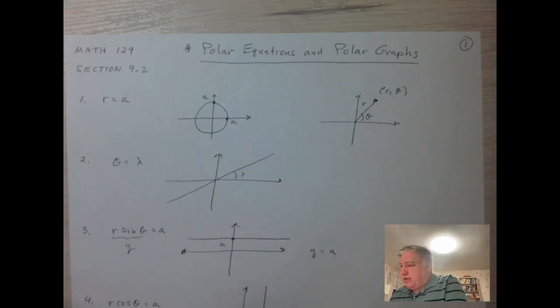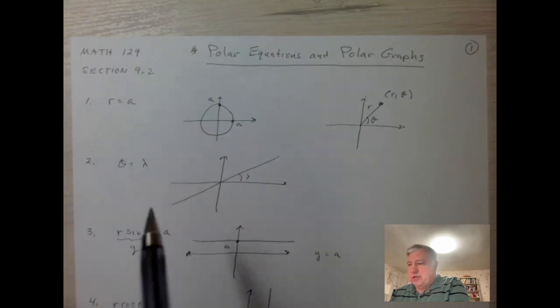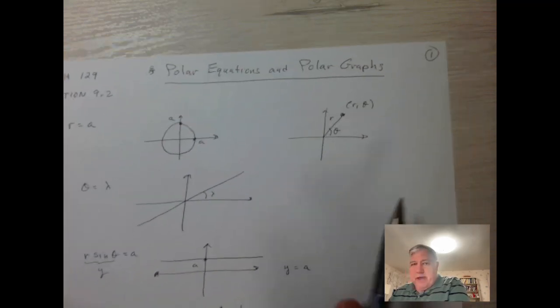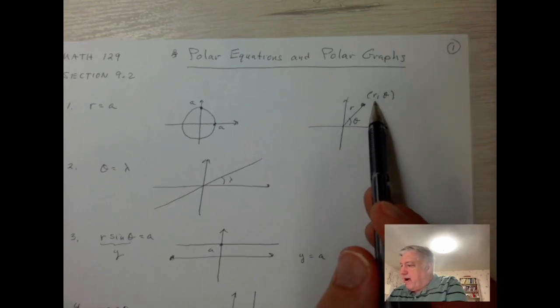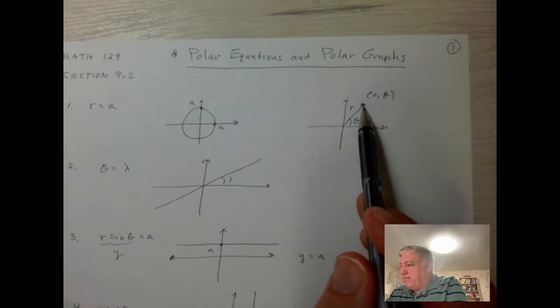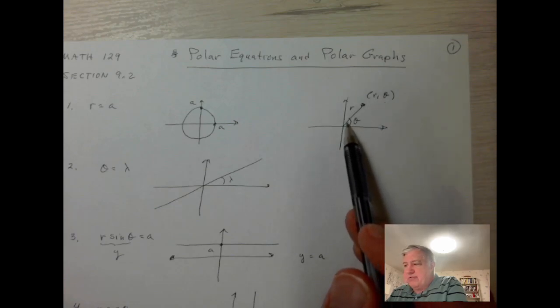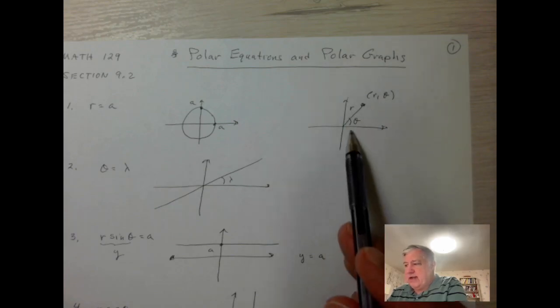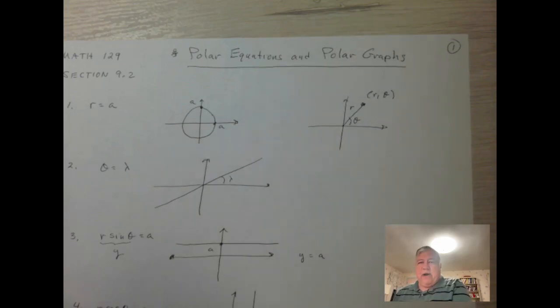So we already looked at how some polar equations can be graphed. Remember that if you have a polar coordinate, the polar coordinate of a point is given by r and theta, where r is the distance from the origin, and theta is the angle that this ray makes with the positive x-axis.